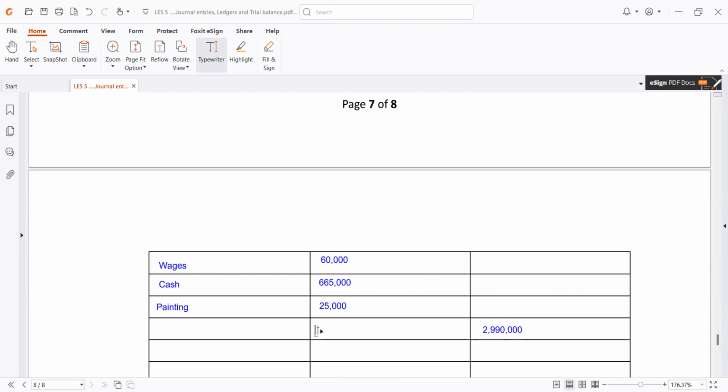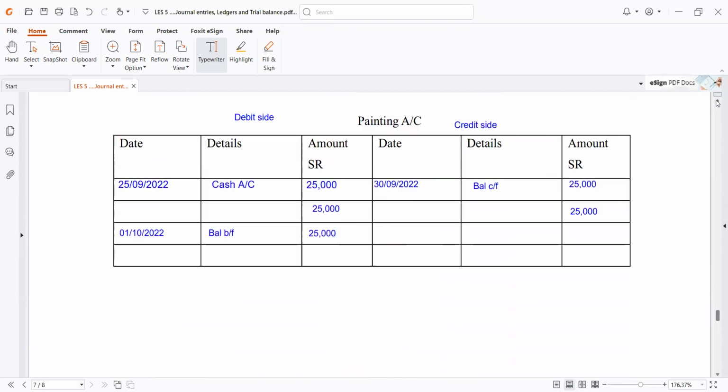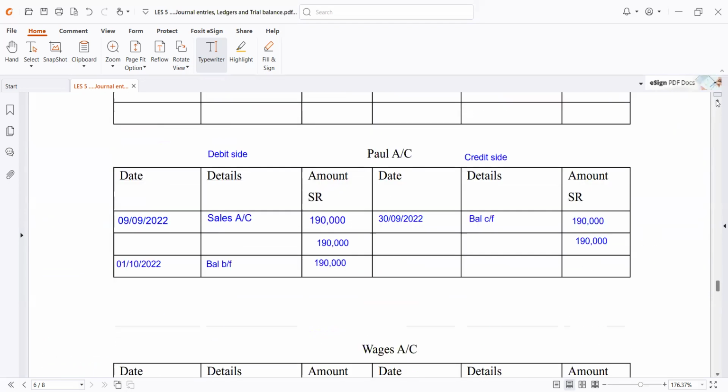You see, I arrive at the same figure, which is 2,990,000, like that.